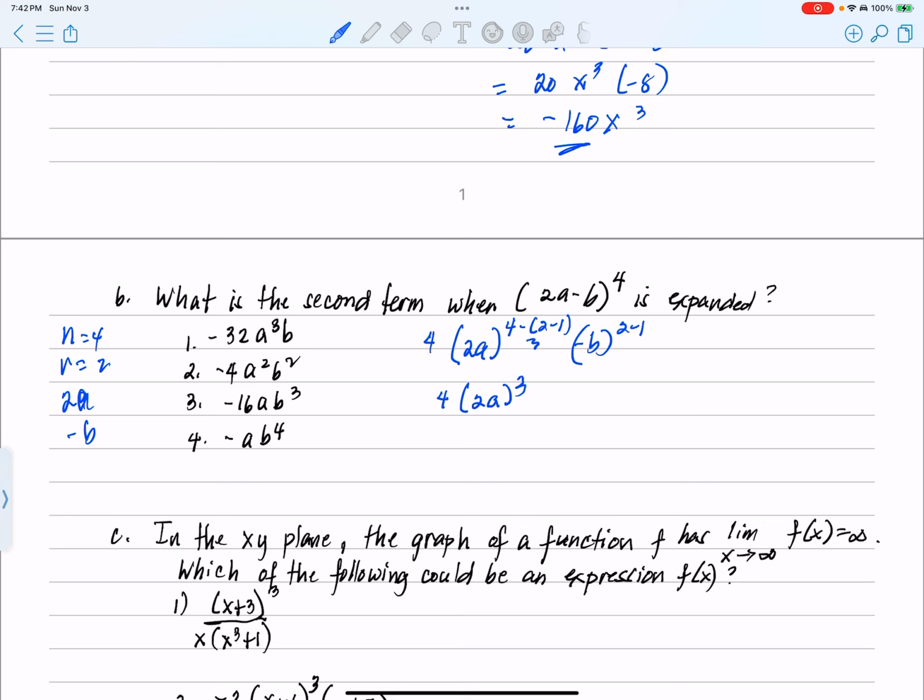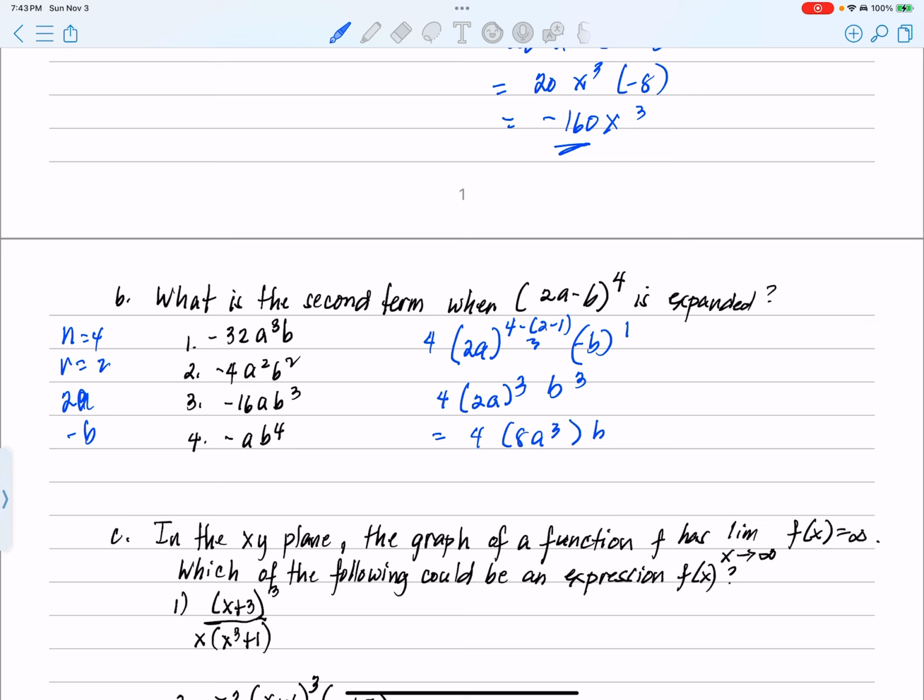And then r minus 1 is 1. All right, so we have 4 times 8a cubed.